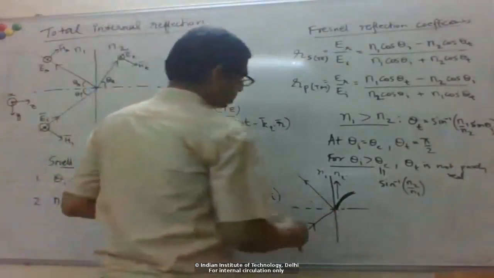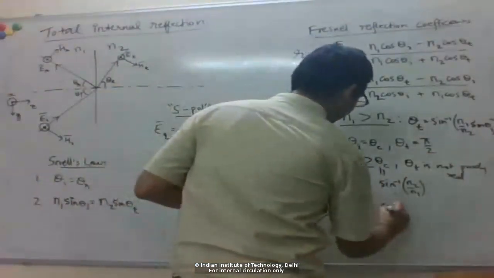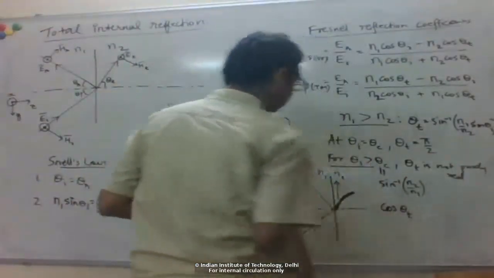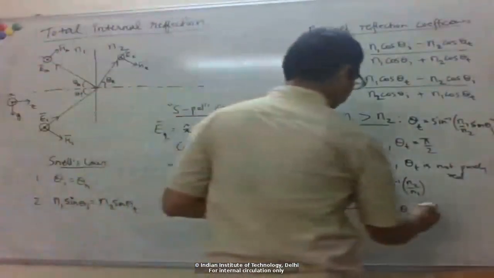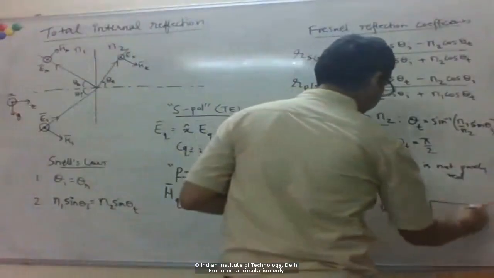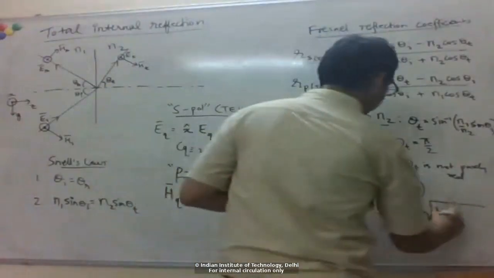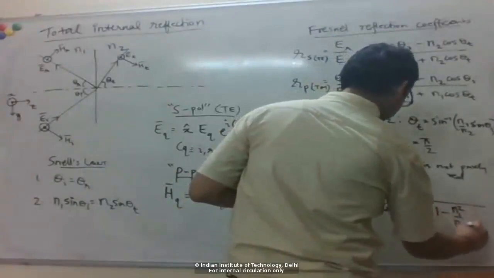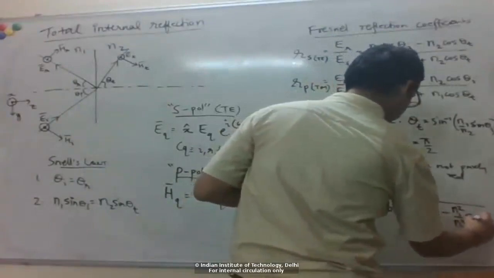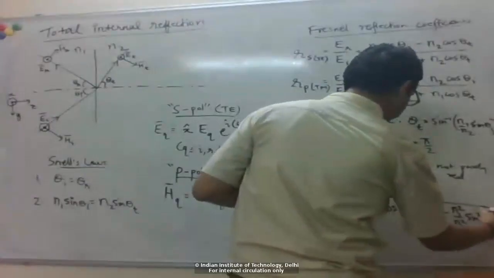Okay, so in this condition, I can write this cosine theta t as square root of 1 minus sine square theta t, and then from Snell's law, I can write that as this.